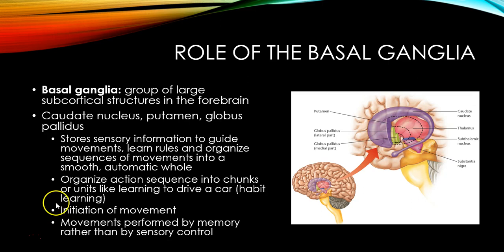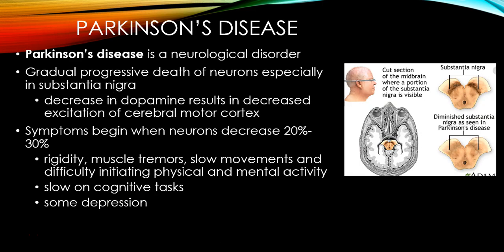They are important for organizing action sequences into chunks or units, like learning how to drive a car, habit learning. So these are movements performed by memory rather than sensory control. They are also really important for the initiation of movement, the starting of movement.